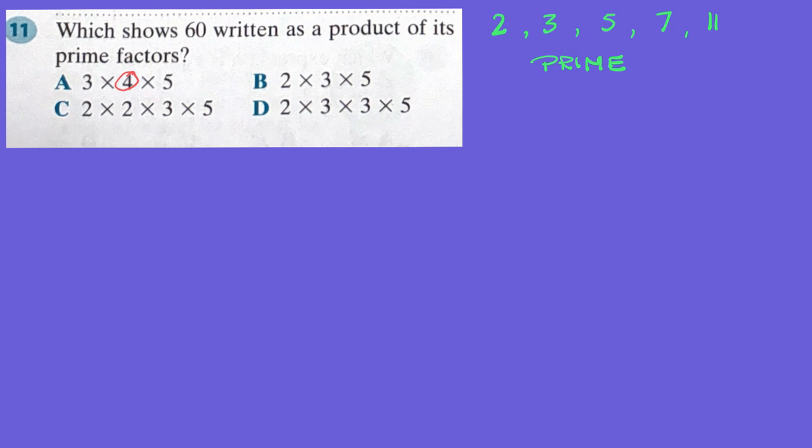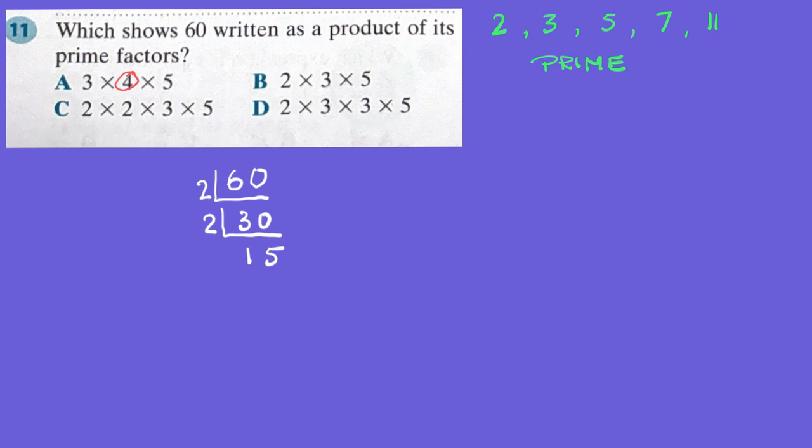So the next step you can do, if you don't know how to do it, you can just multiply them and find out whether that is 60. Or you could do it by dividing by primes. So I'll take 60 and divide that by 2 and I'll get 30. Then can I divide it by 2 again? Yes, I can, and I have 15.